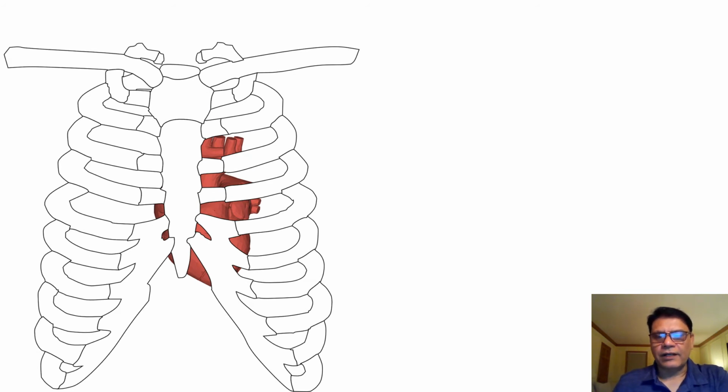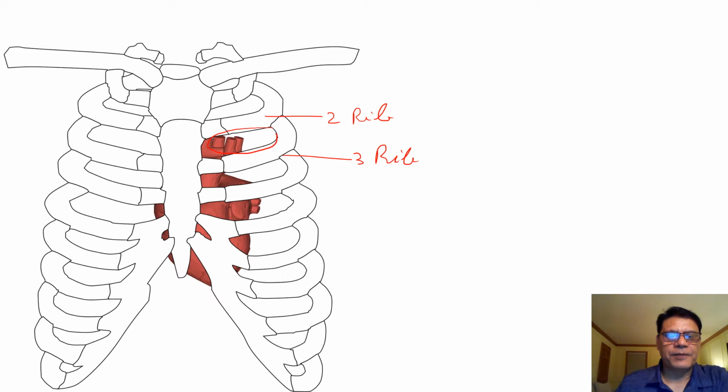The thoracic cavity protects the heart, and these ribs, this is the second rib, and this is the third rib, and the space between these two ribs is called the intercostal space.